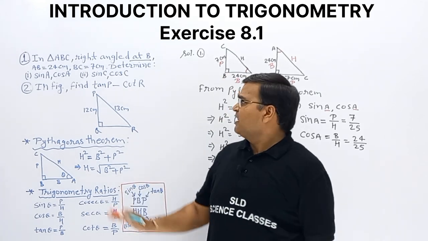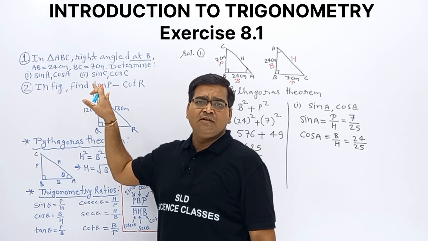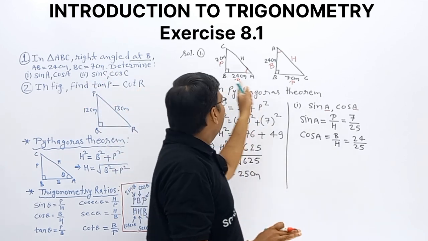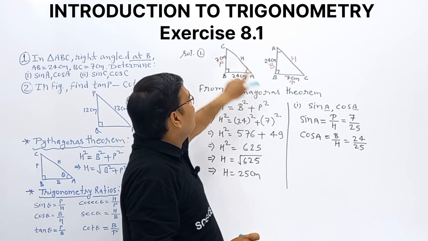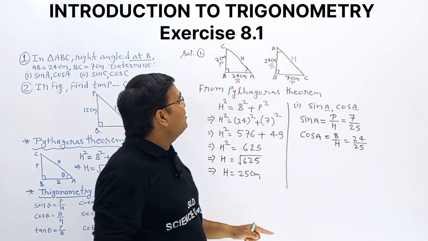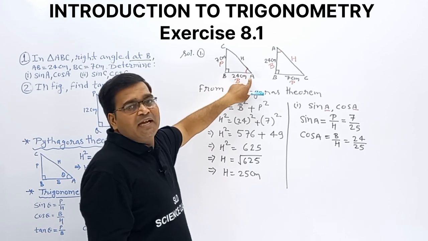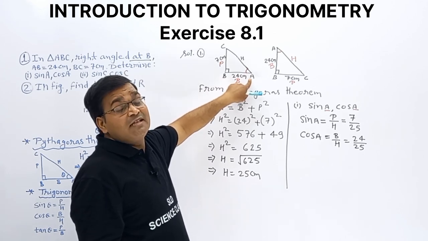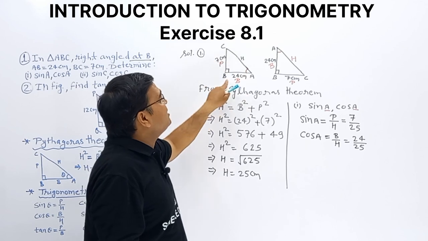What we are doing? In the question, so simple question, we are having one right triangle. B is the 90 degree, and the remaining two angles we can write like this. Then we already studied what? Acute angle is the reference angle, opposite this one will be perpendicular and its adjacent will be base.